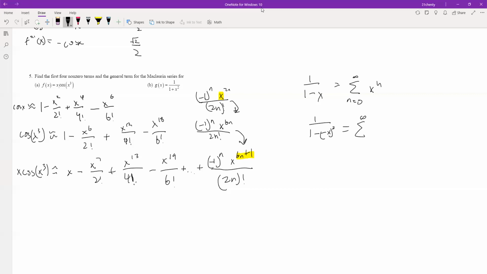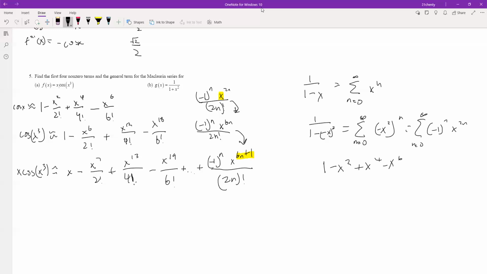We can just replace that: negative x squared to the n, which is negative 1 to the n, x to the 2n. And then we can use this to construct our first four non-zero terms. And so we get 1 minus x squared plus x to the fourth minus x to the sixth.